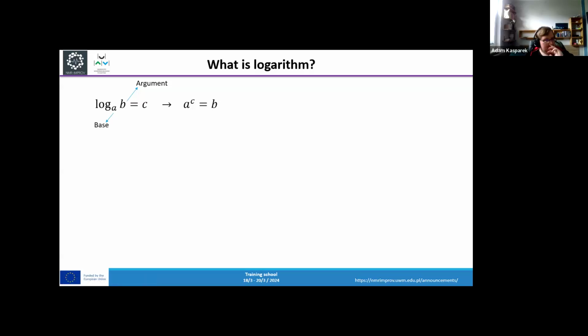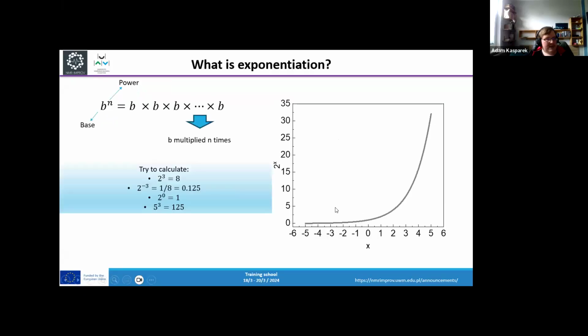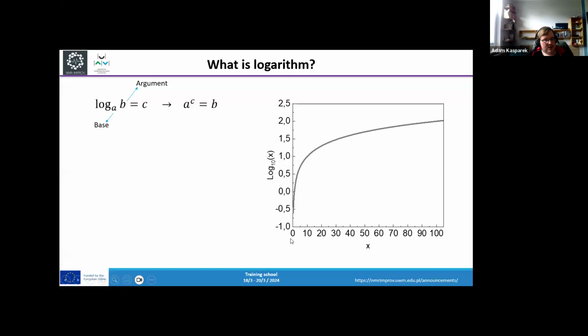And as we can remember, the exponential usually goes very fast forward. Logarithm actually goes much slower.